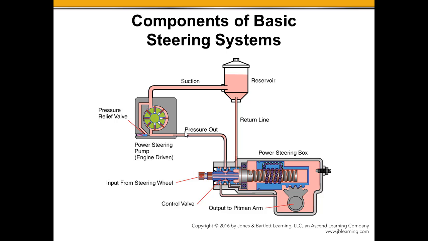Now we've got the pressurized fluid coming out in a high pressure line and then out to the steering gearbox itself. Input from the steering wheel is a spline shaft that hooks into the steering shaft up to the steering wheel. The first section it goes to is our hydraulic control valve, and this is that rotary valve.